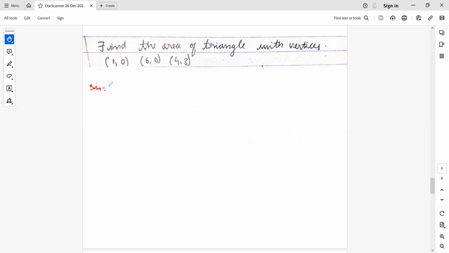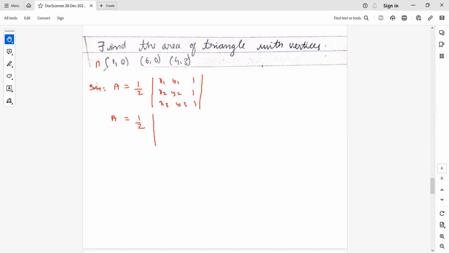Solution. So area of triangle is equal to, write down the formula first. Area of triangle is equal to 1 by 2 determinant of x1 y1 1, next x2 y2 1, and then x3 y3 and 1. Keep it as it is. See, the three vertices of the triangle are given.